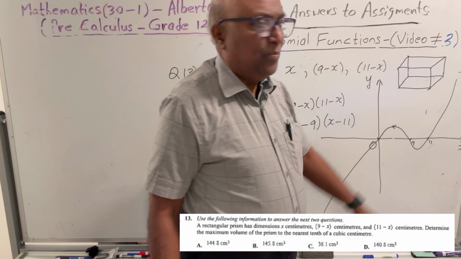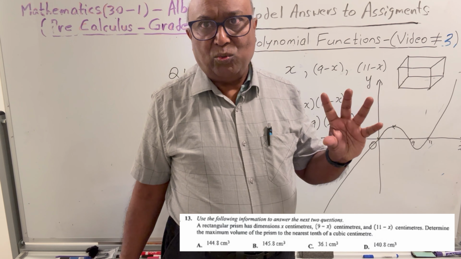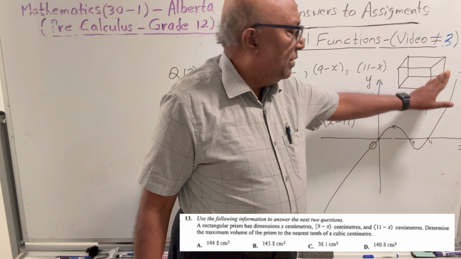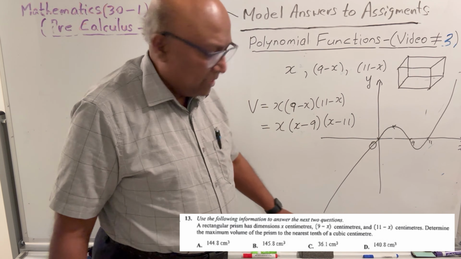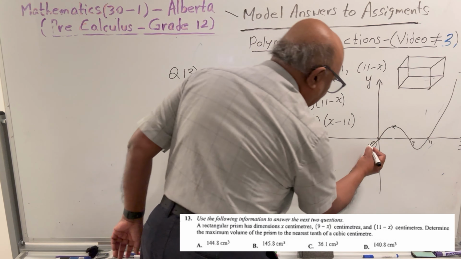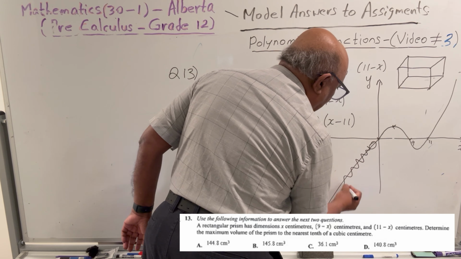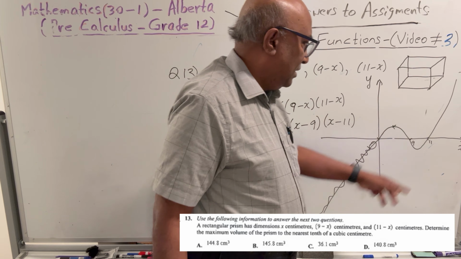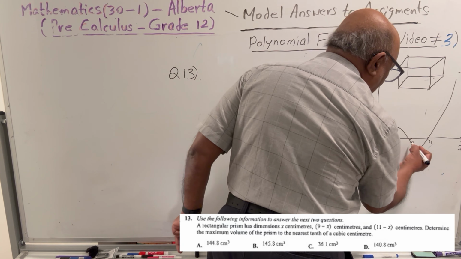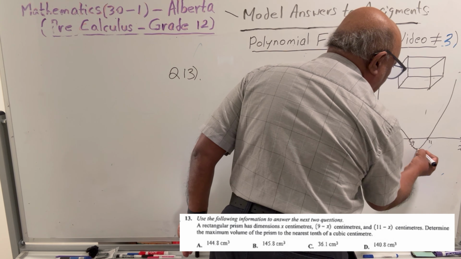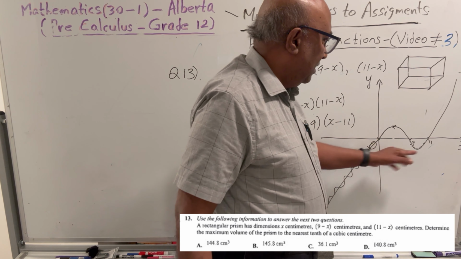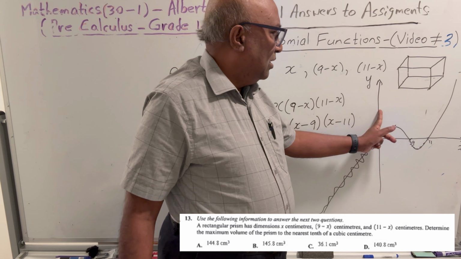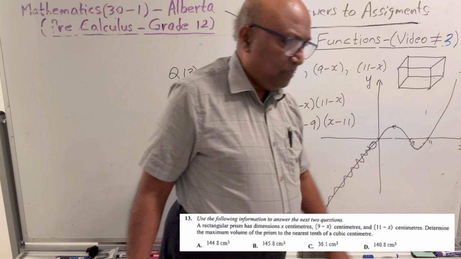We are finding volume. Volume can never be negative. Dimensions also can never be negative. That means after ignoring those restrictions, we can cut this part of the graph. Now we have to keep in mind there is no graph around this here also, okay? We have to consider only the graph located in the first quadrant.